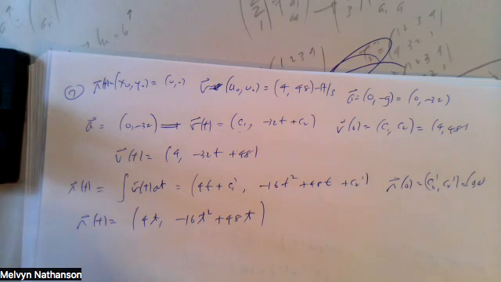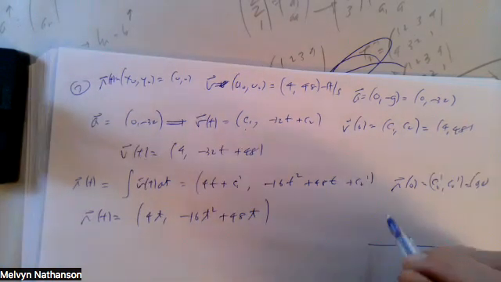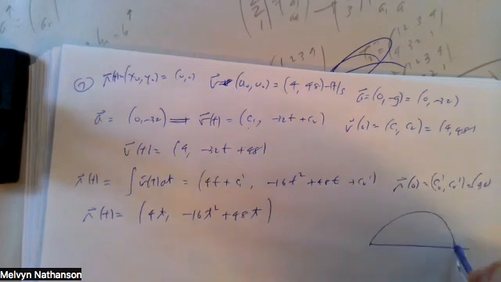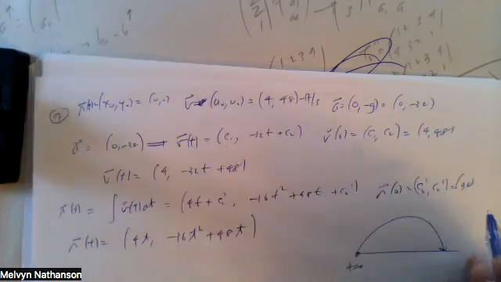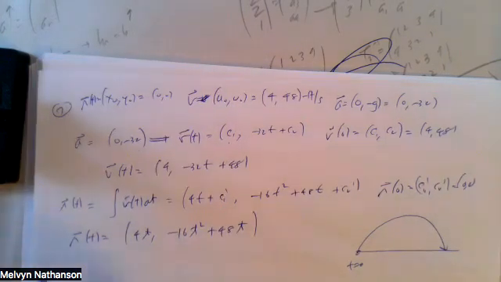So what is the range? This particle shoots up at time 0, goes through the air, and hits the ground. At t equals 0, it's at 0. And what does it mean to hit the ground?